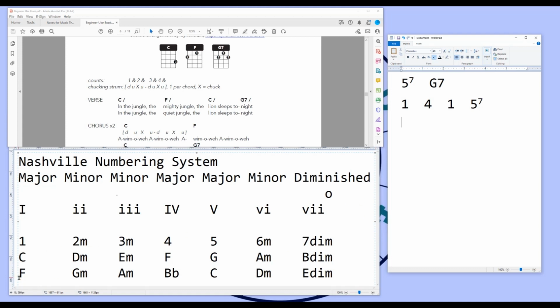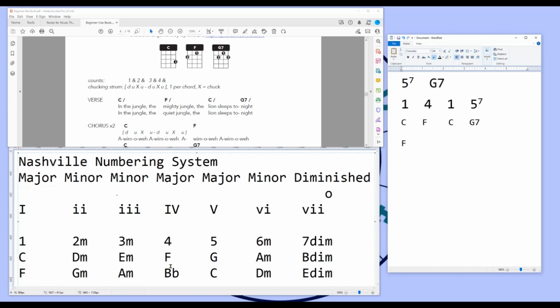So let me write this down first. Okay, in the key of C, this was C, F, C, G7. In the key of F, this would be F, because F is the 1 chord.